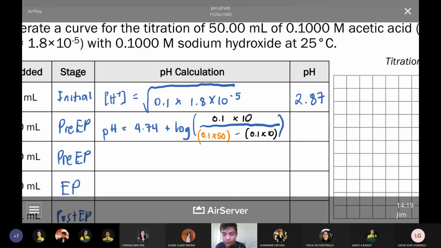I-highlight nyo kasi alam ko na-confuse yung numbers, di ba? Para di kayo ma-confuse, highlight nyo. Okay? You may start plugging it in your calculator.